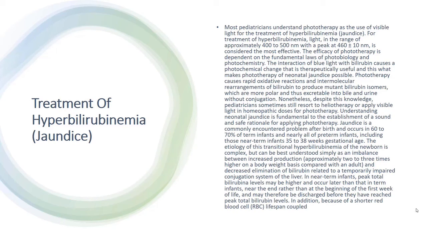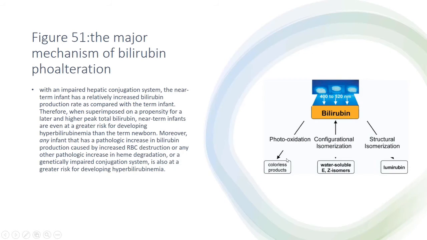The etiology of this transitional jaundice of the newborn is complex, but can be best understood simply as an imbalance between increased production and decreased elimination of bilirubin related to a temporarily impaired conjugation system of the liver. The major mechanism of bilirubin photoalteration.